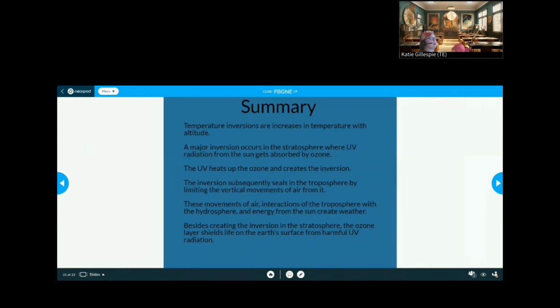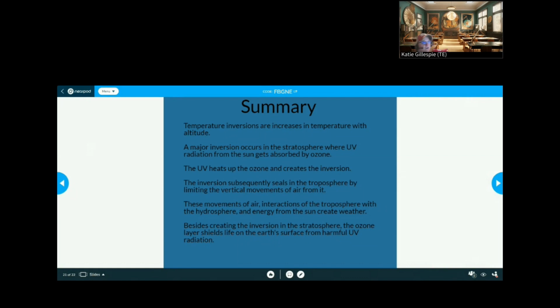All right, to summarize everything, this is a great one to screenshot as well. To summarize everything within this lesson, temperature inversions. I feel like the rest of our semester together is all about temperature inversions, heat inversions, right? And that creating convection. So temperature inversions are increases in temperature with altitude. So we have that low temperature, high temperature, low temperature, high temperature within our spheres.